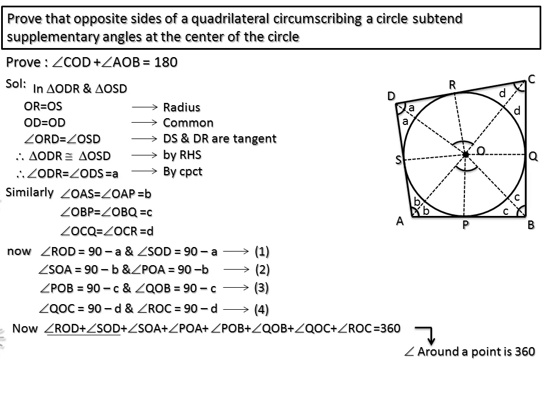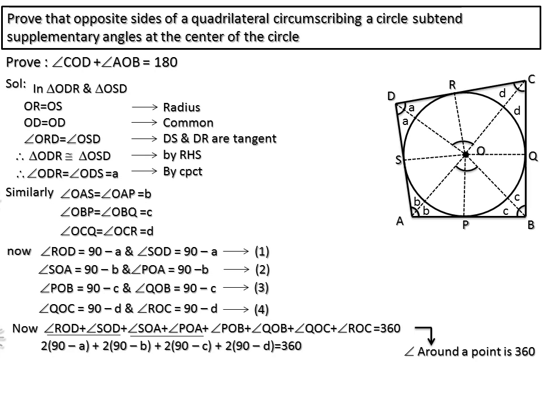We know angle ROD and angle SOD both are same, that is 90 minus A. So their sum is 2 into 90 minus A. Similarly, angle SOA and angle POA both are same.